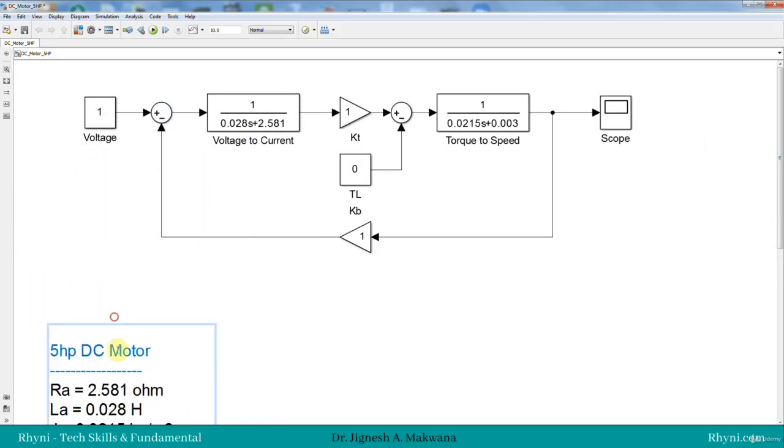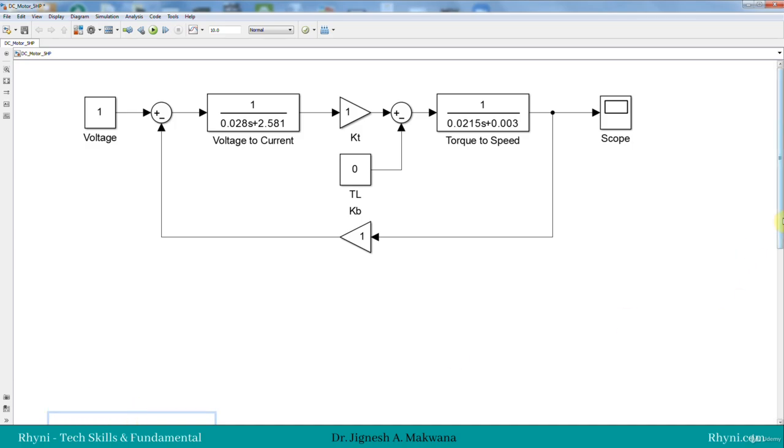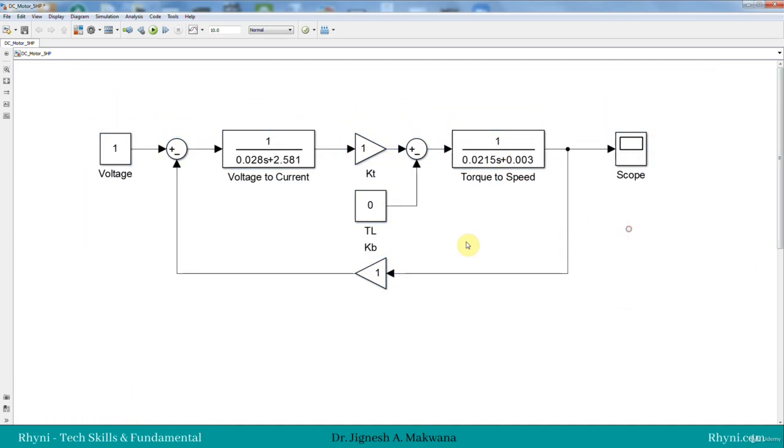Now I am hiding these parameters because we want to highlight this model. So what we will do now, our simulation model of the DC motor of 5 HP, I will write this is 5 HP DC motor model is ready.